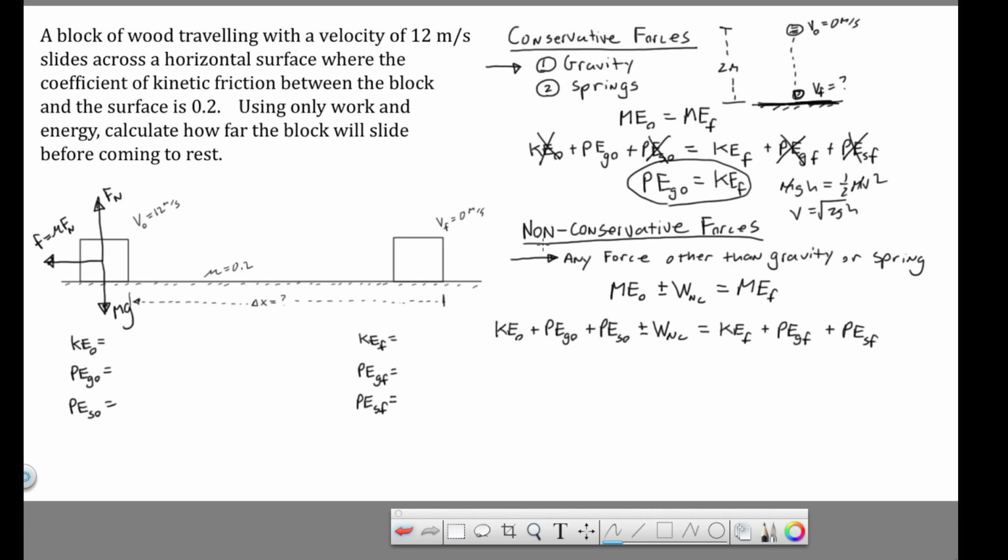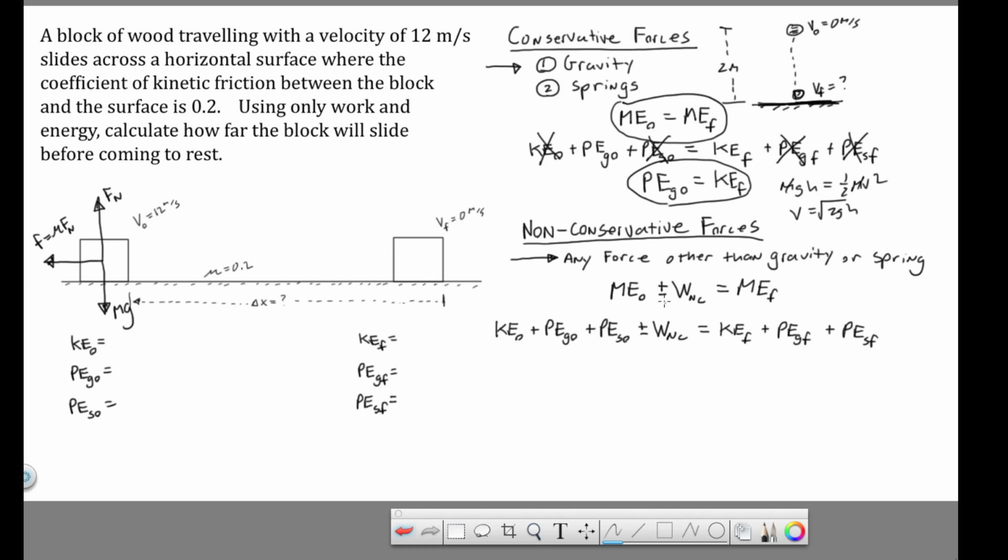Now, non-conservative forces: this is when there's a force other than gravity or spring doing work on the object, and that's what we have here in this problem. The non-conservative force is friction, and because friction is present, what we said up here is no longer going to be true, because non-conservative forces will make the initial mechanical energy no longer equal to the final mechanical energy unless we account for it.